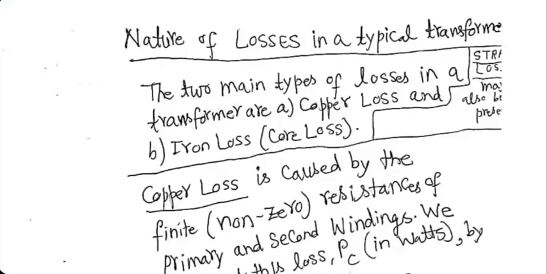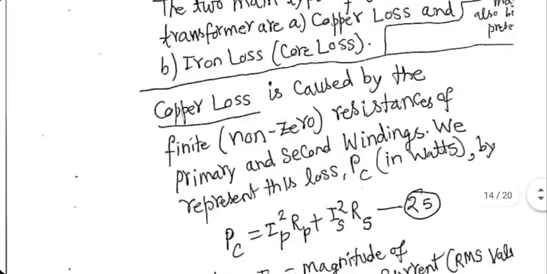Anyway, copper loss is simply Ohm's law. PC is the symbol I'm using for copper loss. In many books, they use WC because W denotes watt. I prefer W symbol for energy. But anyway, not a big issue. So PC, the copper loss in watts, will be, oh, by the way, there is no phase relationship involved in writing equation 25.